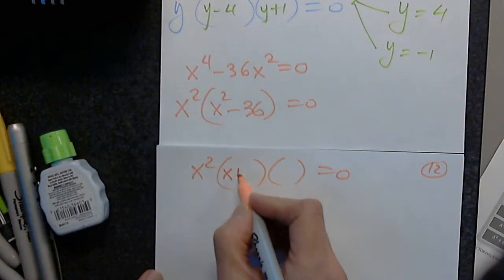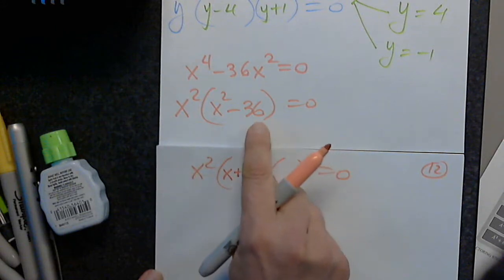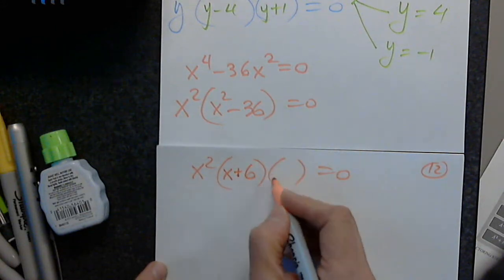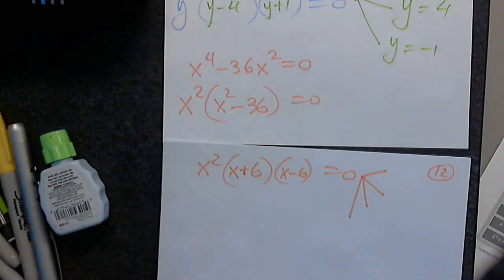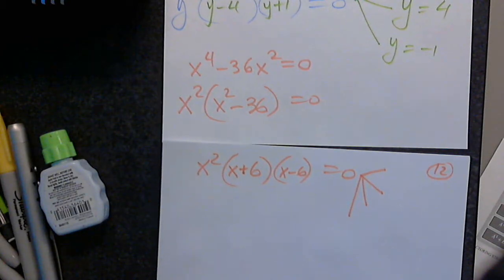X minus 6, x plus 6. I need 4 solutions, even if some of them are the same. I still need 4. And what are they?